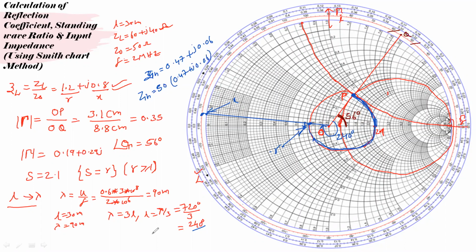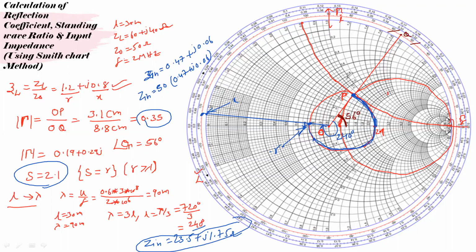Your final Z in will be 23.5 plus j 1.75 ohms. So these are the three values: gamma, the reflection coefficient, S value, 2.1, and input impedance, all identified using the Smith chart. This is the procedure we need to follow.